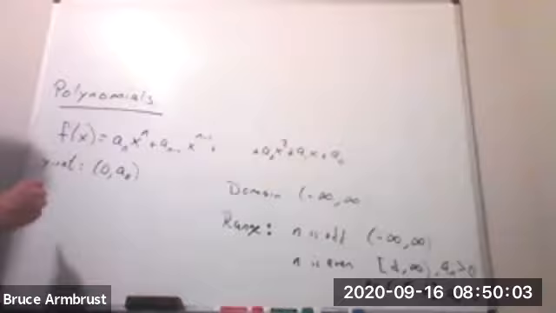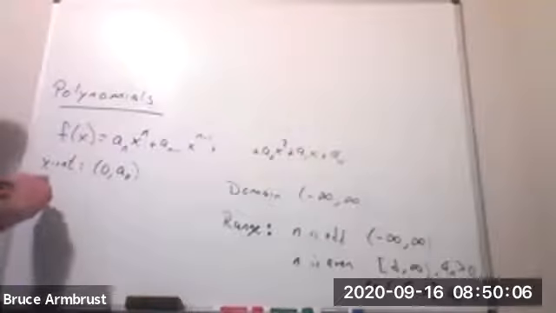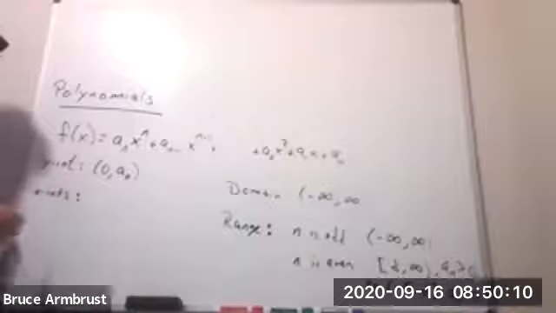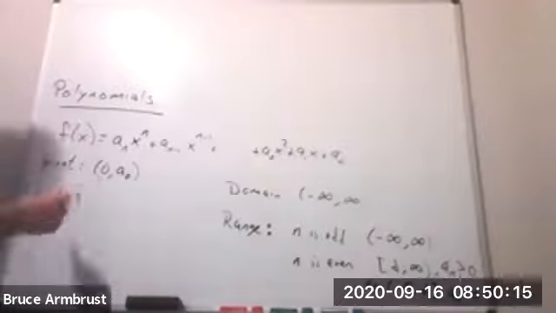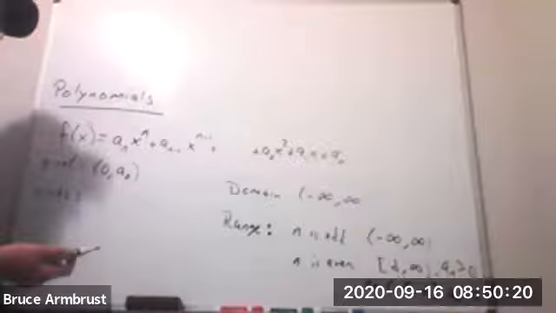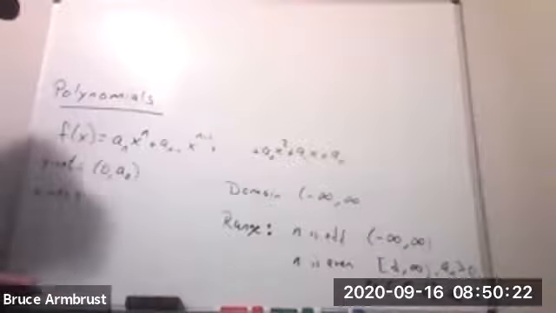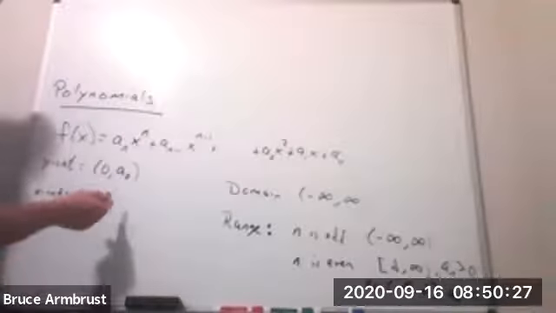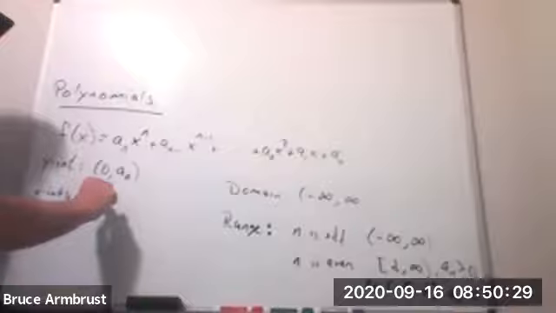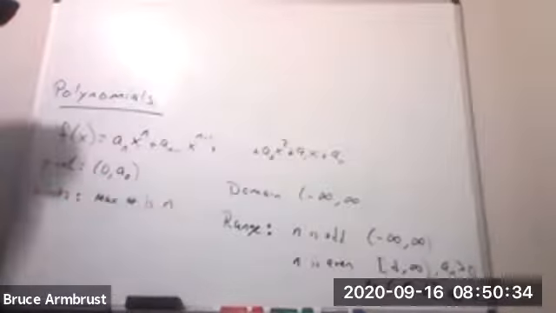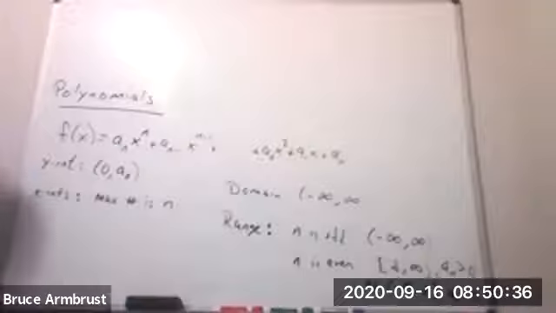Now the x-intercepts, super challenging. So here's what I can tell you. I can't tell you exactly how many you have, unless I do some work on this. But it turns out that there's a maximum number, and that's actually n.